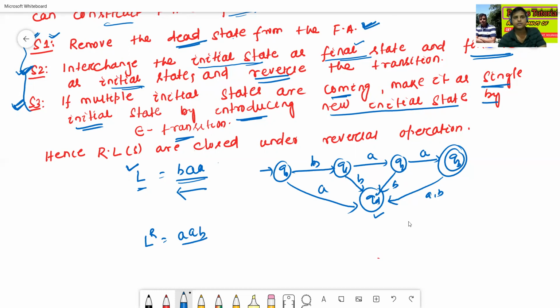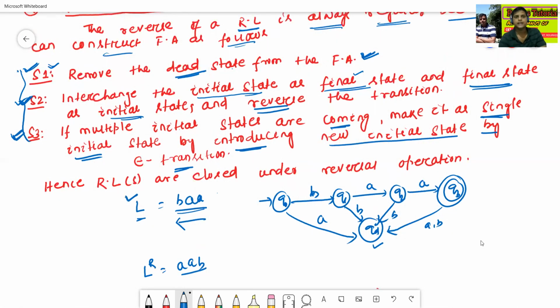Then interchange the initial state as final and the final state as initial. Here the initial state is Q0 and the final state is Q3. Now we convert Q3 as the initial state and Q0 as the final state. See how.